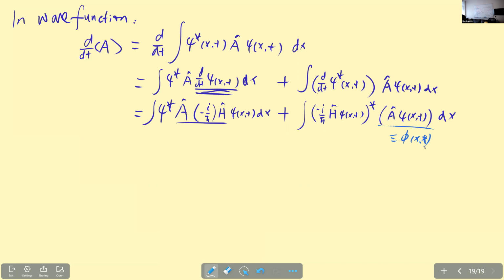Remember, for a Hermitian operator O, the integral of psi conjugate of O phi dx equals the integral of O psi complex conjugate and phi dx.